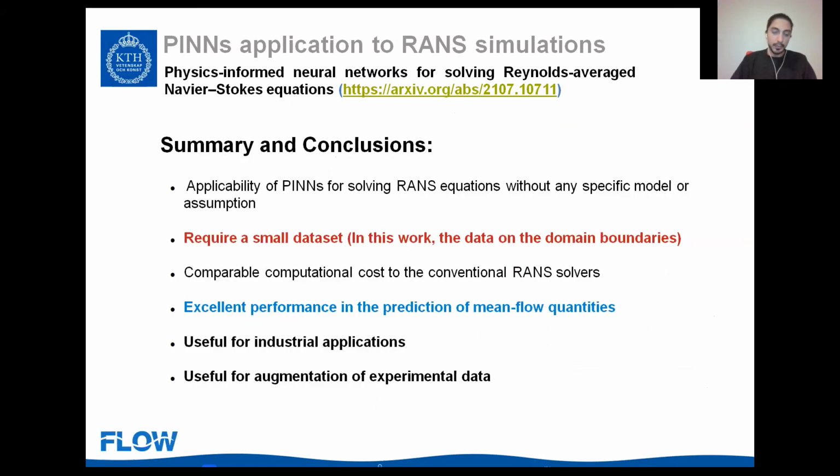So through this work, we show that using PINNs, we can solve the underdetermined system of equations. It depends on the size of the domain and the quality of data, of course, but we can guide the solution to the optimal point. Knowing some data, we require only a small data set. We use the data on the domain boundaries in this case, but it is possible to choose some sparse points inside the domain to train this neural network.